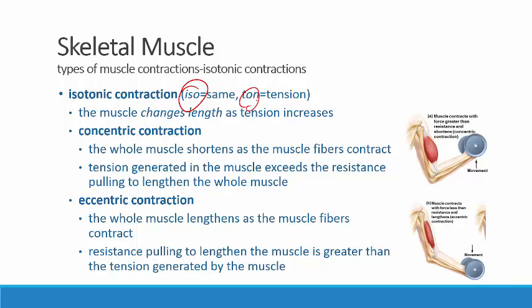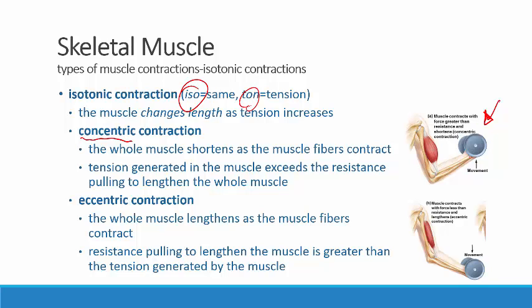If it shortens, then this is called a concentric contraction. This is the person lifting the barbell. As tension is generated in the muscle, the tension exceeds the resistance of the barbell, and we see shortening in the muscle.